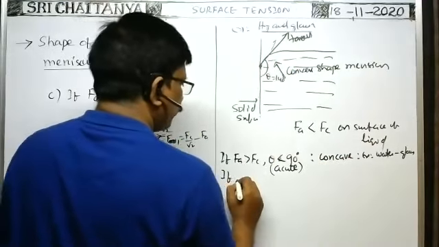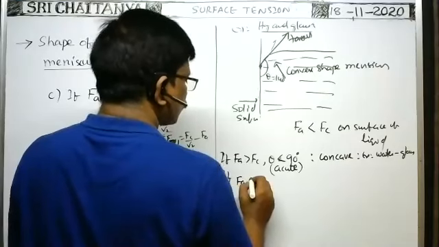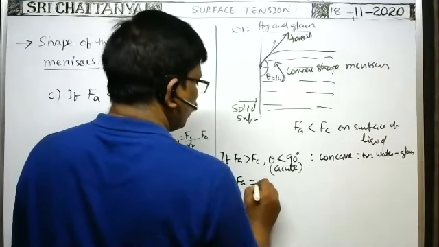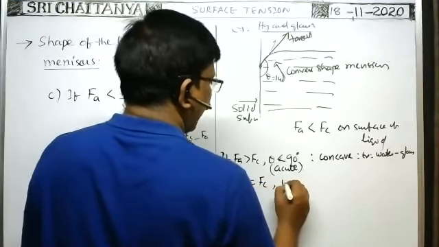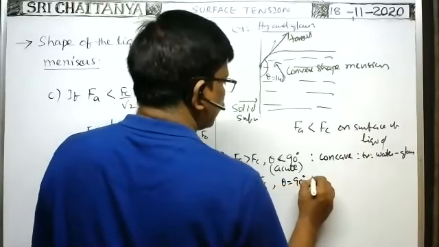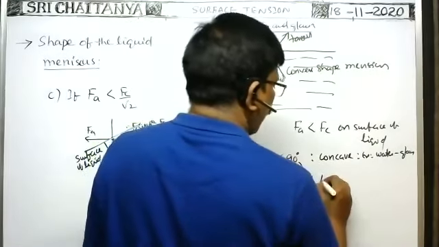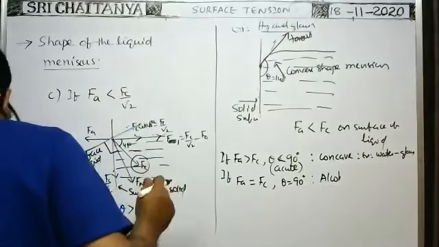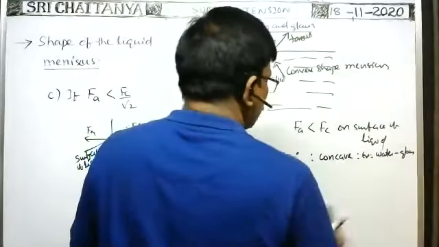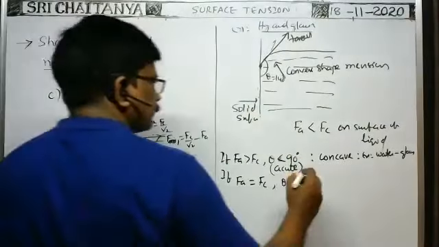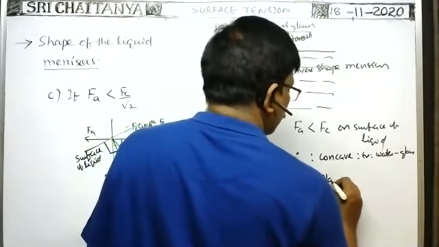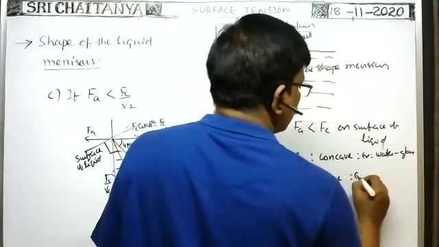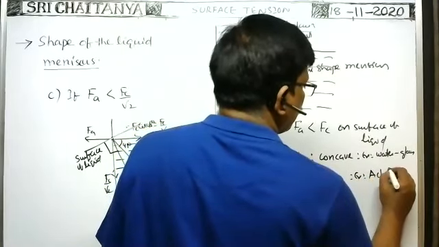Example, this one. Next, if Fa equal to Fc, then angle of contact is equal to 90. Example, alcohol and glass. Okay, here what is the shape of the meniscus? The shape of the meniscus is plane. Example, alcohol and glass.